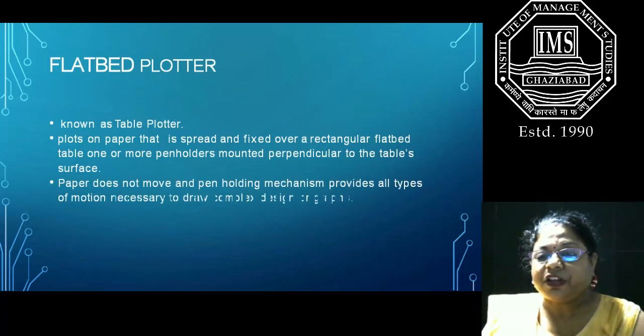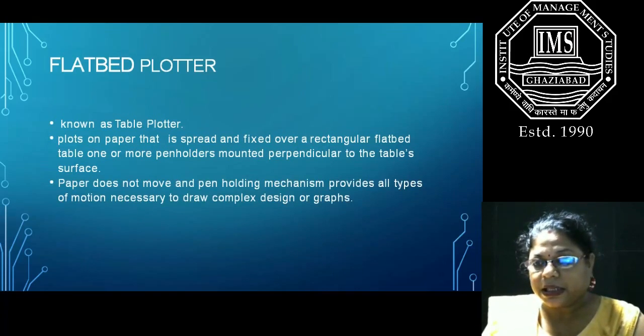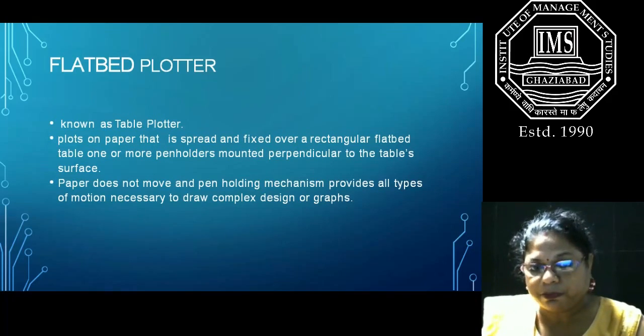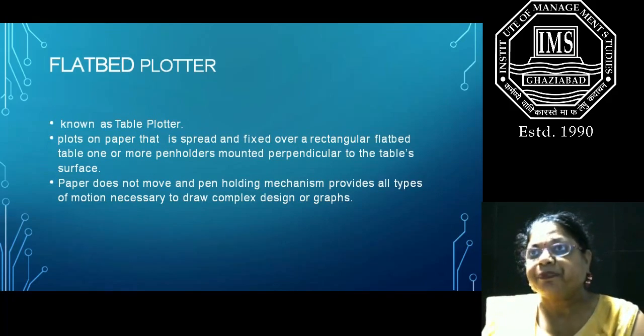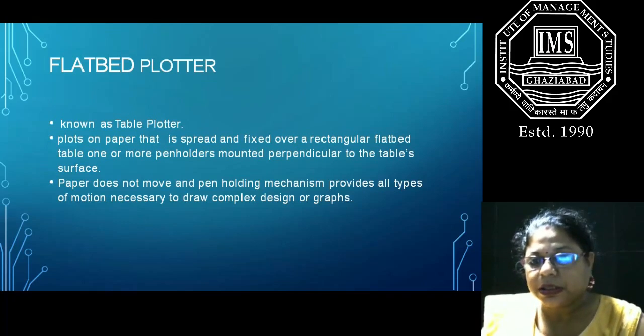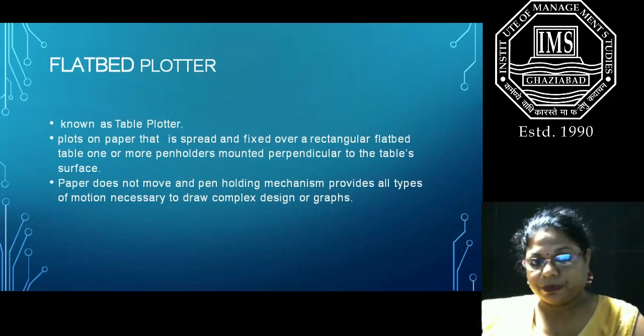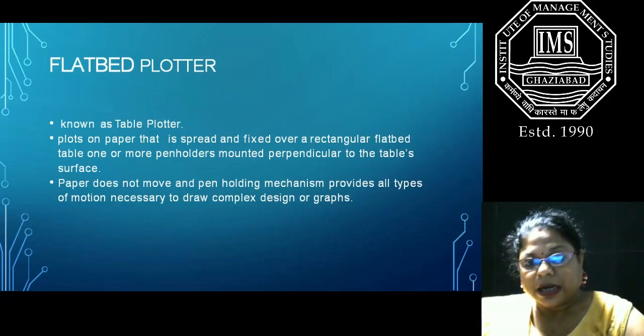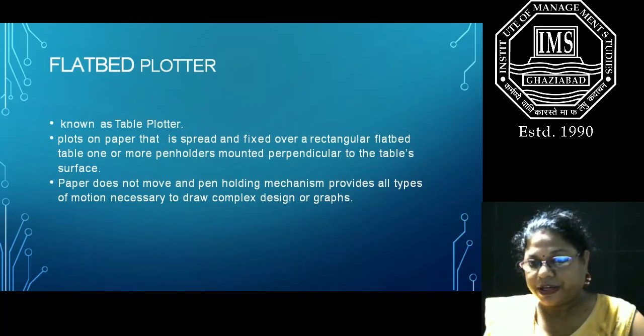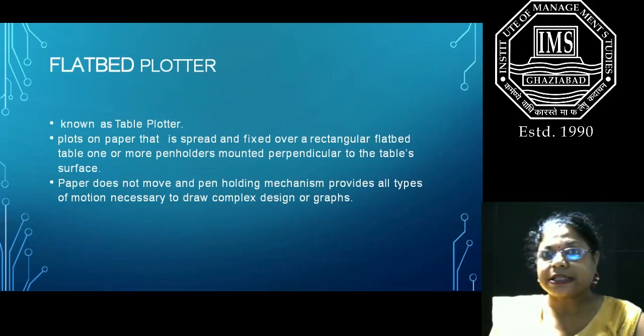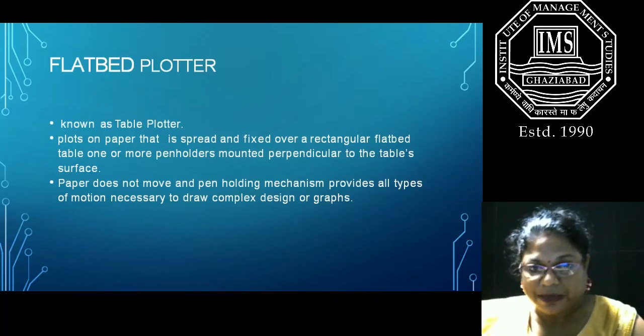Now, the difference between the drum plotter and the flatbed plotter is that in the flatbed plotter, the mechanism provides that the paper does not move. Paper will remain standstill. The pen moves here and there to draw the design or the graph on the piece of paper.